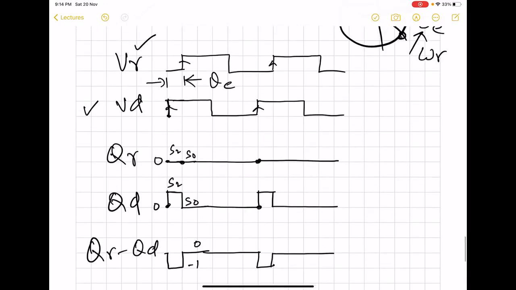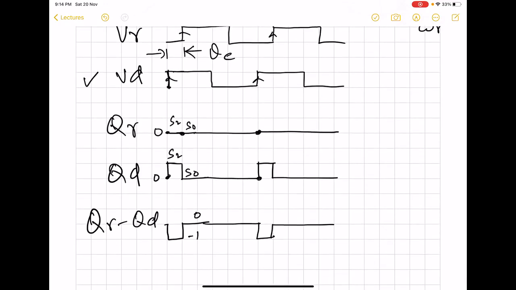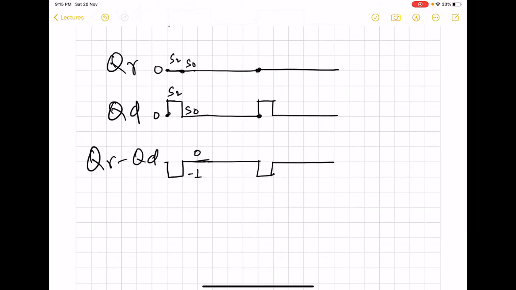So here we can see that we again have a pulse of width proportional to the phase error, but the sign of the value also conveys the direction of the phase mismatch. Earlier we had a similar pulse width, but in the positive direction. So now if you see the DC content, it is going to be negative. So now QR minus QD average is going to be negative.